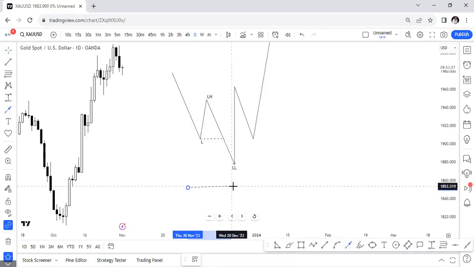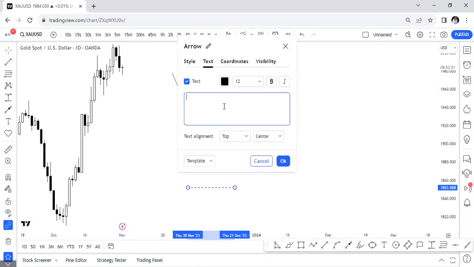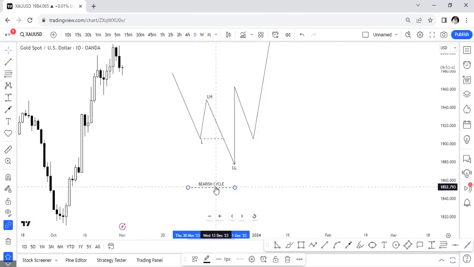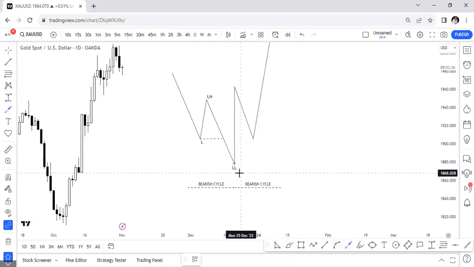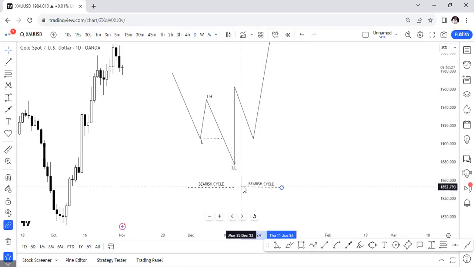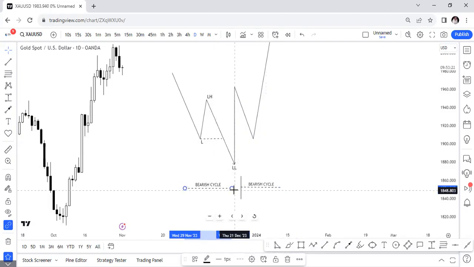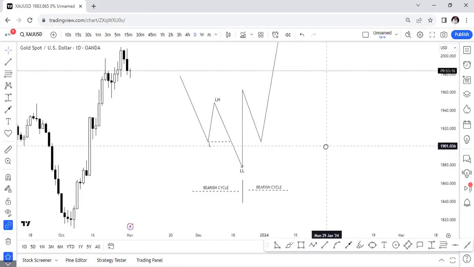Let me do it like this. Bearish cycle. Then we have the other side as the bullish cycle.